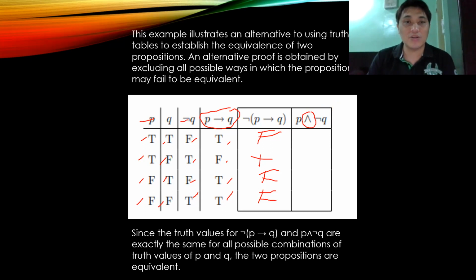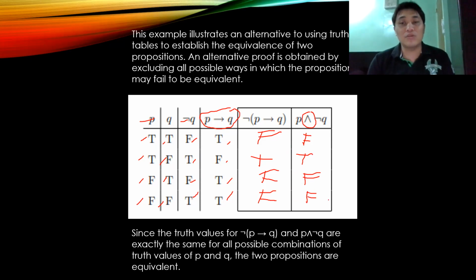So if we have P and negation of Q, true and false, our answer will be false. If P and negation of Q are both true, this will be true. And false and false will be false, and false and true will be false.